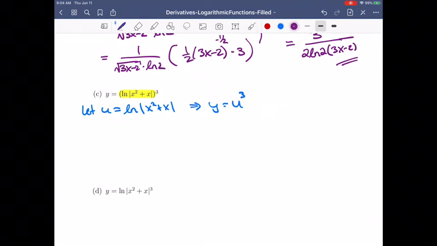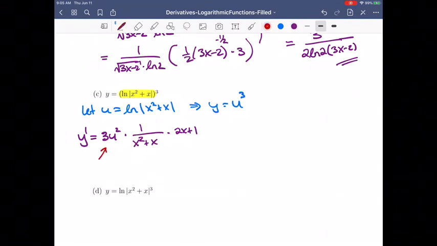When we're taking the derivative, y prime is going to be 3u squared, the derivative of u cubed, times the derivative of u, which is going to be 1 over x squared plus x times 2x plus 1.